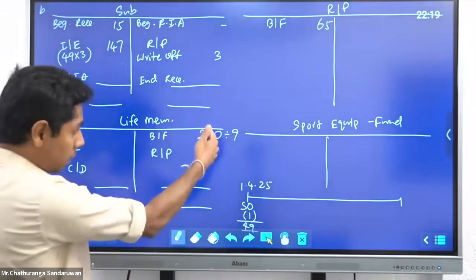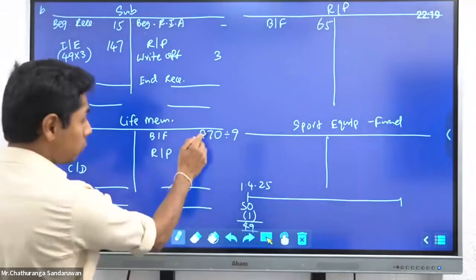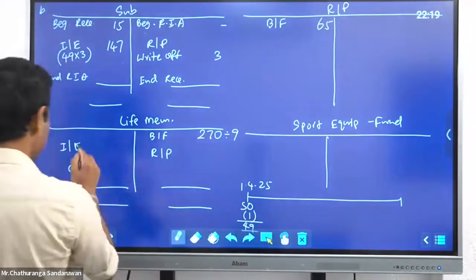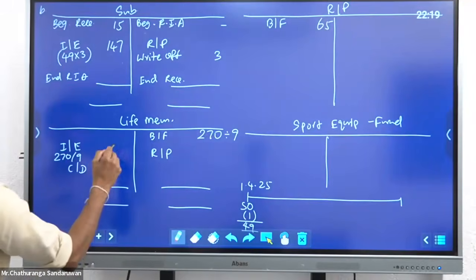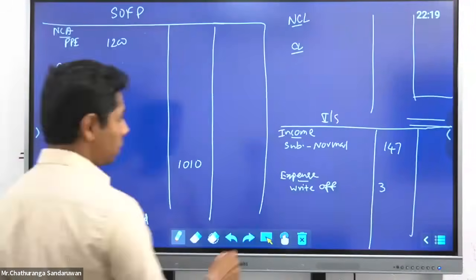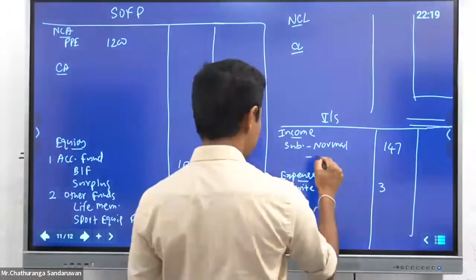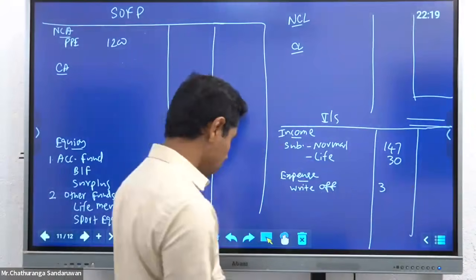So after taking 1 year into the income, this is the remaining balance. Therefore, this should be divided by 9. Therefore, the income part is 270 divided by 9, 30. That should go to the income statement. Subscription, life membership fees, 30. I'm doing it fast.